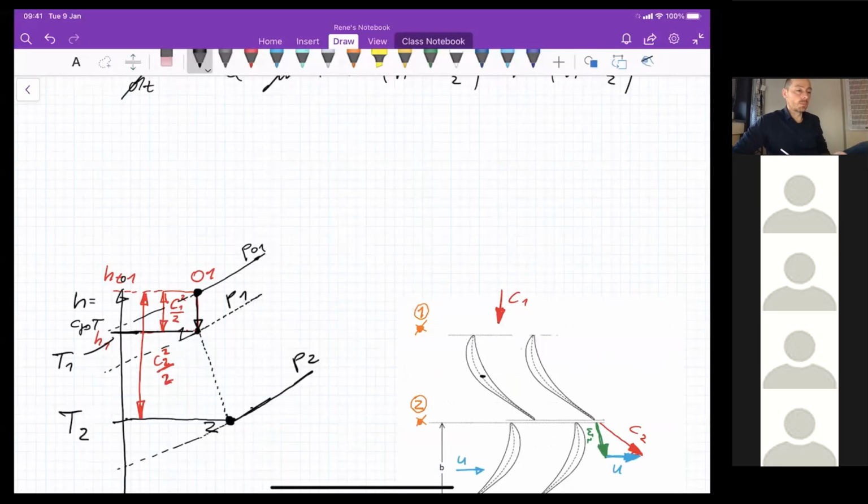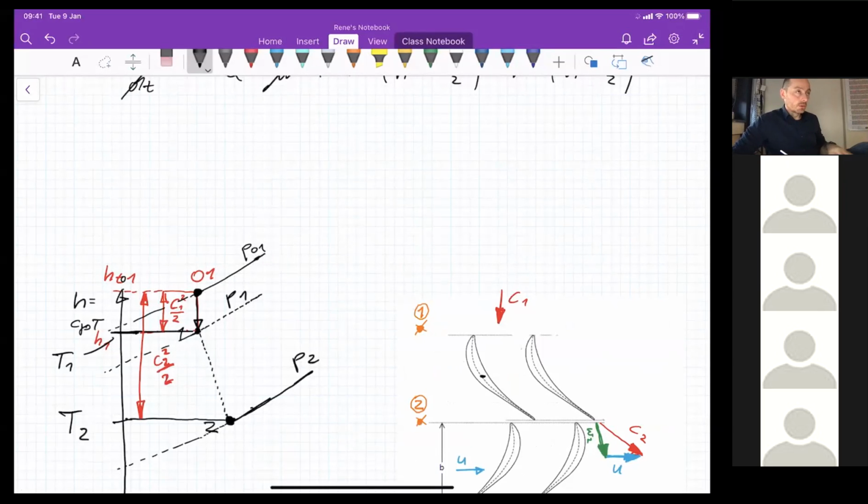And the smaller the gas turbine, the higher this effect is, for turbochargers in cars, for example, or for very small gas turbines. There, you need to be careful. Also, the area, of course, has an influence on the heat transfer rate, right? The larger the area, the larger the heat transfer.